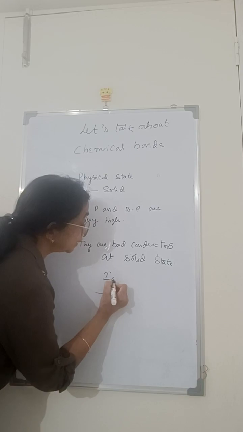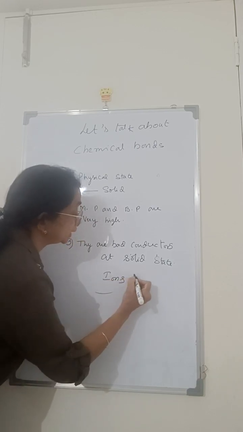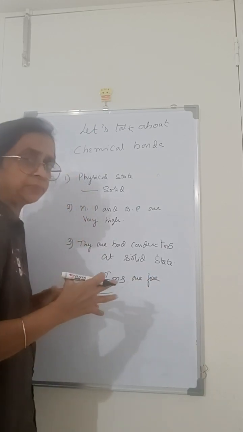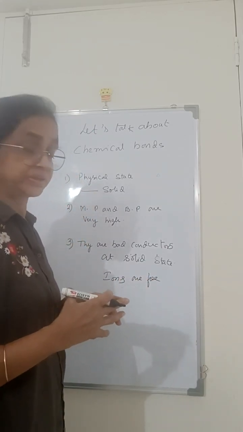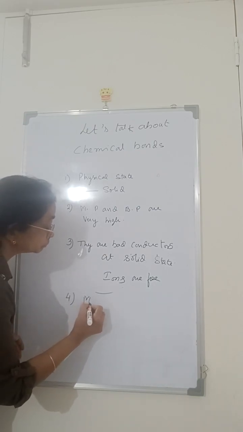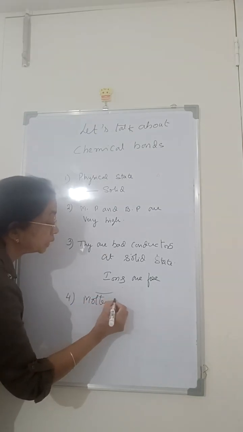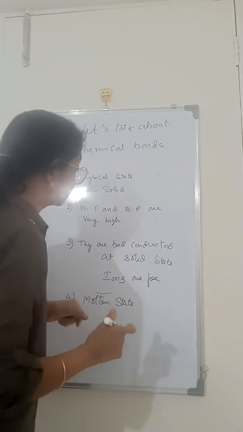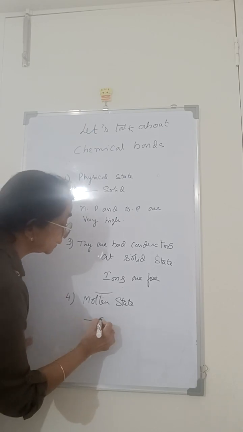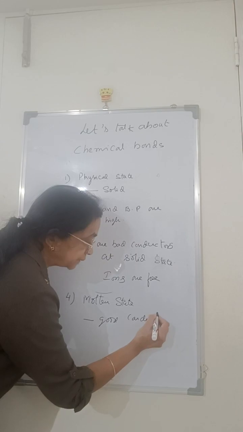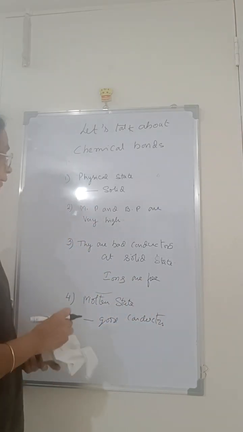Because ions are not free. They have a strong bond between them. But at molten state, ions become free. So at molten state, they are good conductors.